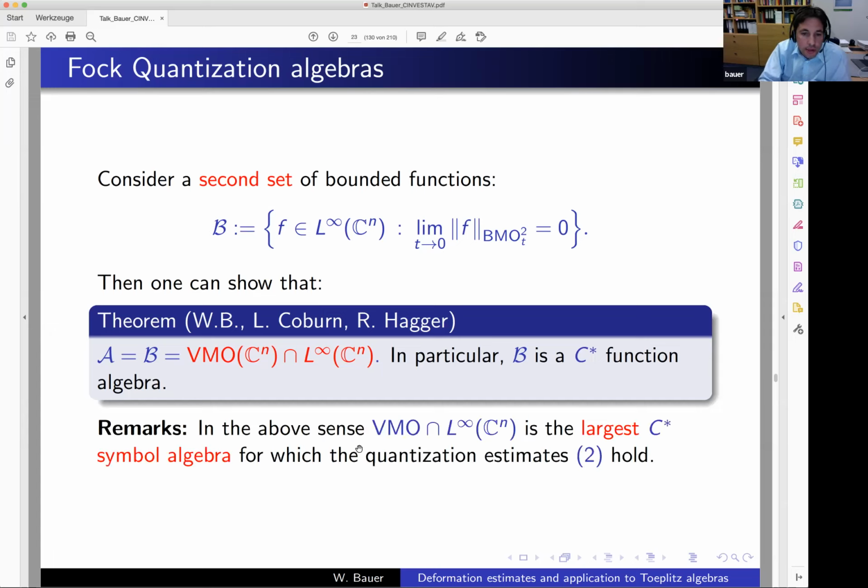So in that sense, this C-star algebra of bounded VMO functions is actually the largest C-star algebra for which the quantization estimate 2 holds. So if you have a function in this, then this is somewhat the largest algebra really where you have 2. And that result, I'm not sure whether this holds in the Bergman case, and I'm not sure whether this holds in the case of bounded symmetric domains, but I assume probably it's also true. But we could only prove it for the Fock space.